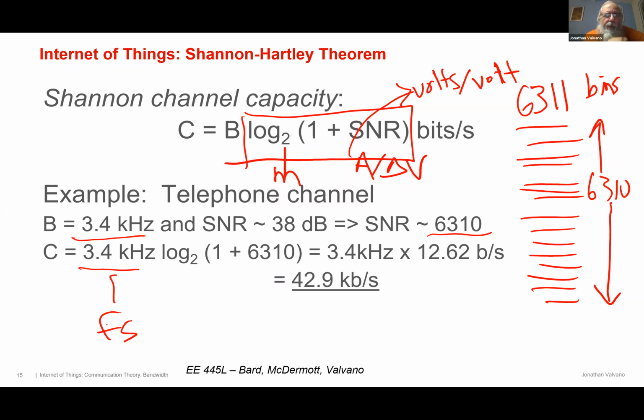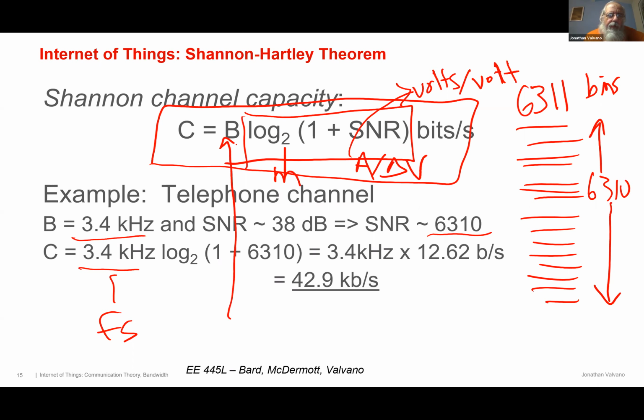And that's the Shannon channel capacity, or the Shannon-Hartley theorem. The intuition is that if you want to go faster, you want to improve bandwidth and improve signal to noise ratio. And this is a theoretical limit. That's what this is for.